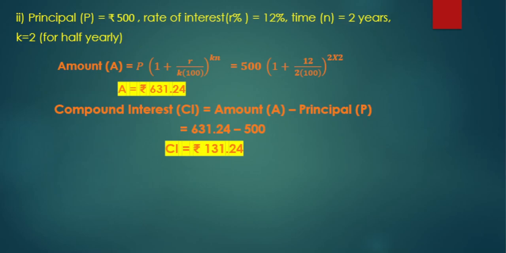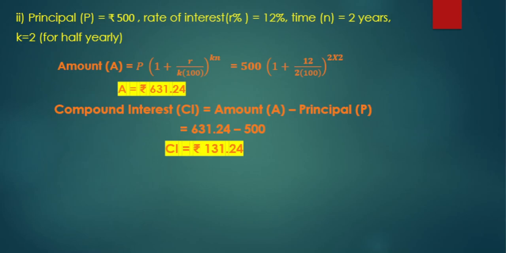So the total amount is rupees 631 rupees and 24 paisa, and the compound interest is calculated on the amount and the principal, which is rupees 500. So the total compound interest we got is rupees 131.24.